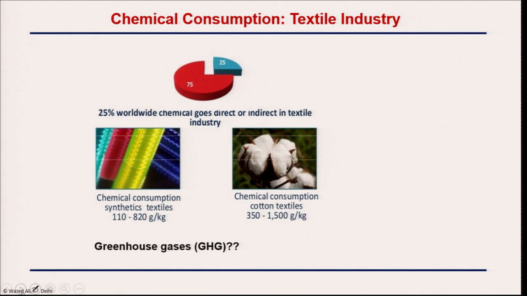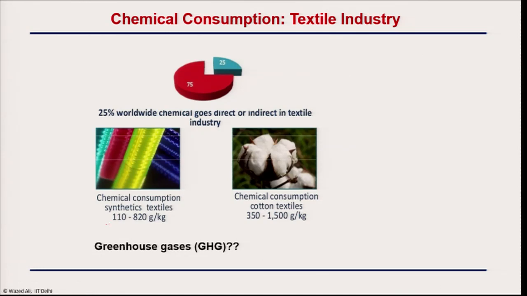It is not surprising to know that the textile chemical processing industry uses a lot of chemicals. If we talk about the worldwide consumption of various chemicals, 25% of chemicals directly or indirectly go to the textile industry.